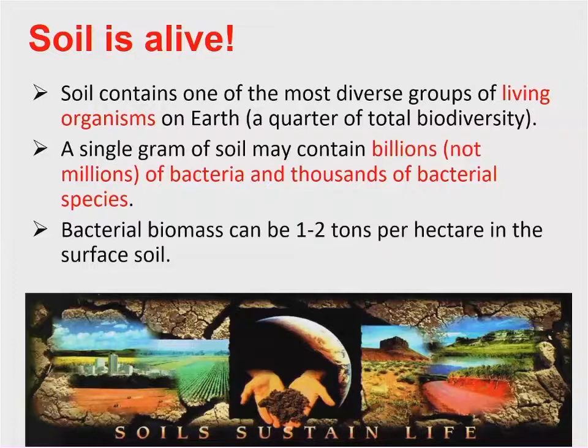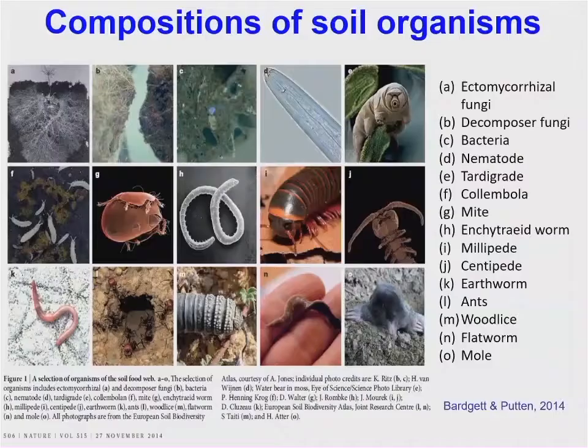Although we cannot see the microorganisms with our naked eye, all those organisms are buried in the soil, and they drive the material cycling and energy transfer in the soil ecosystem. So even in quantity, they are a very big mass.